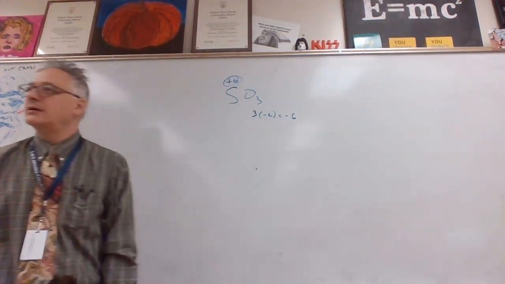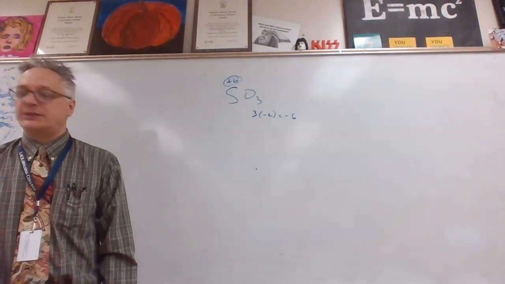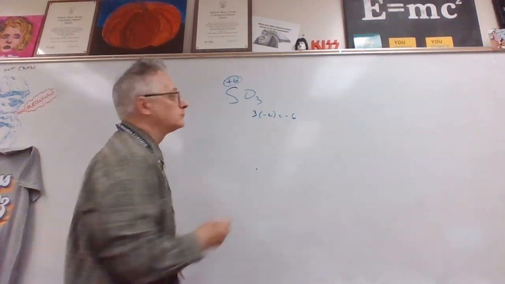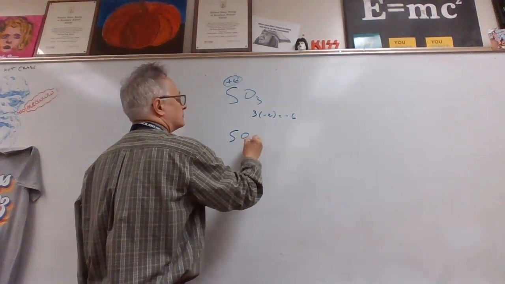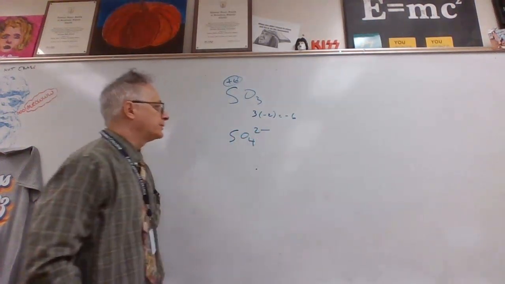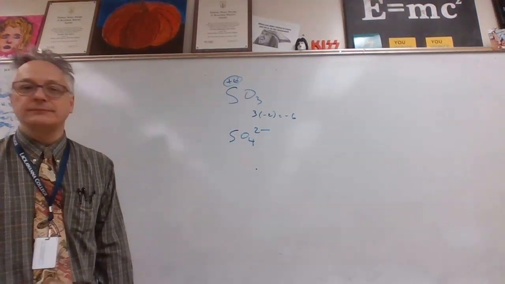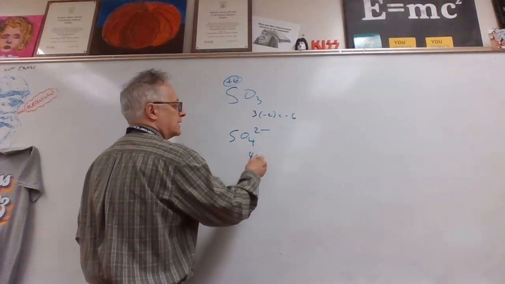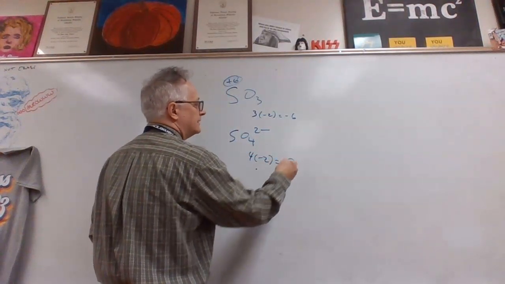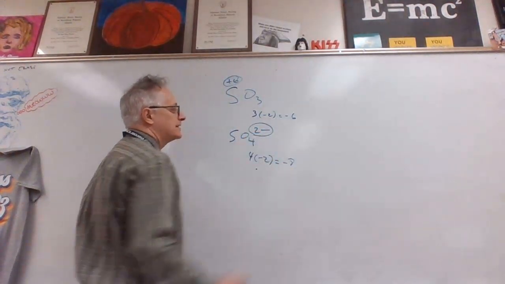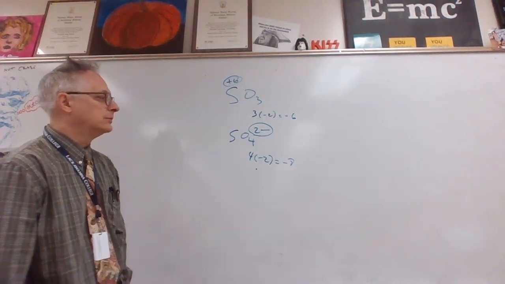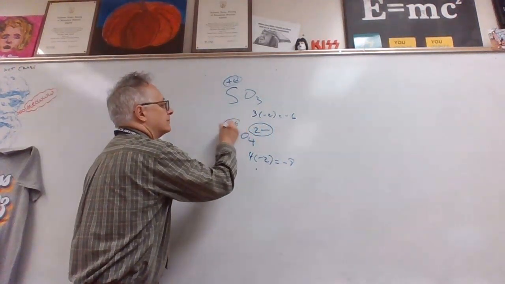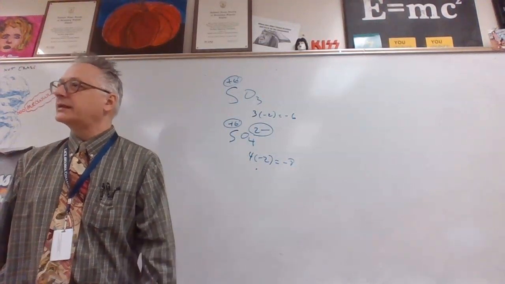So sulfur will have the oxidation state of +6. Now check this one out. This is the sulfate ion. In the sulfate ion, I've got 4 times -2, which is -8. The whole thing has to add up to -2. So this is going to be +6 again, a +6 oxidation state.